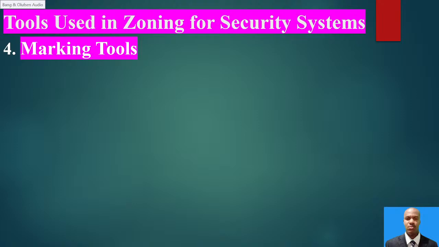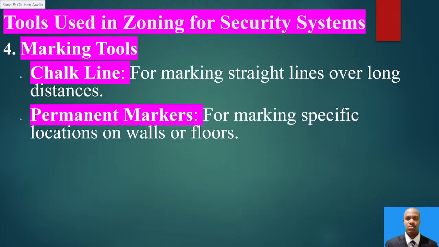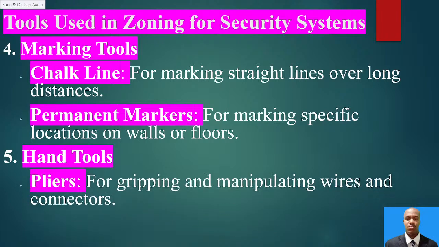We have the marking tools. You have the chalk line for marking straight lines over distances. You have permanent markers for marking specific locations on walls or floors. You have the add tools, and under this you have the drill.